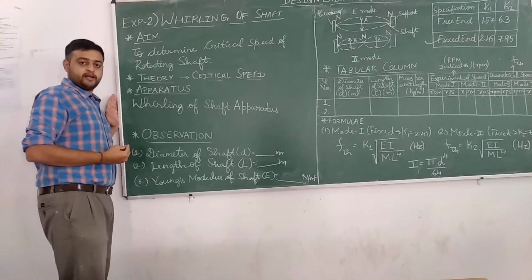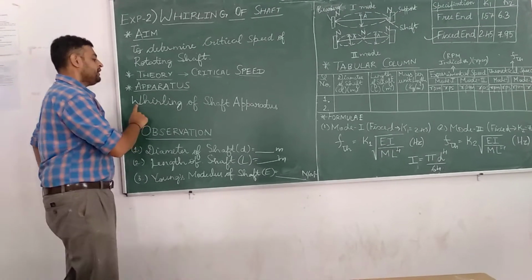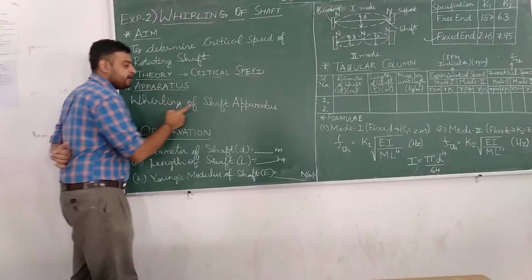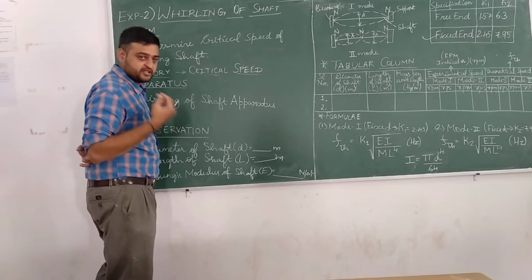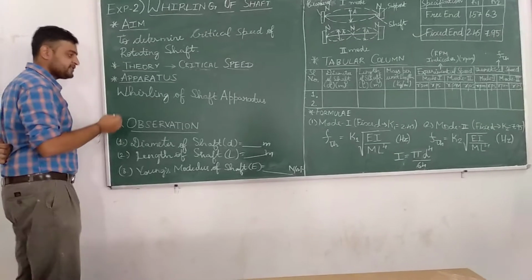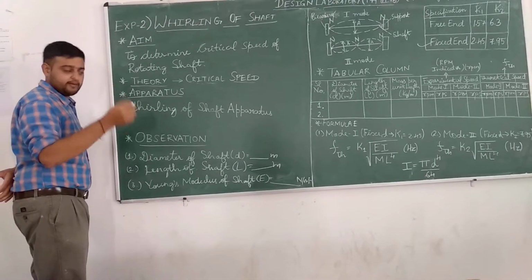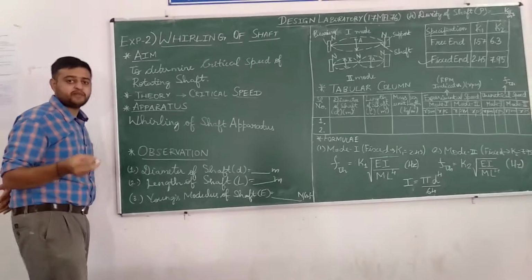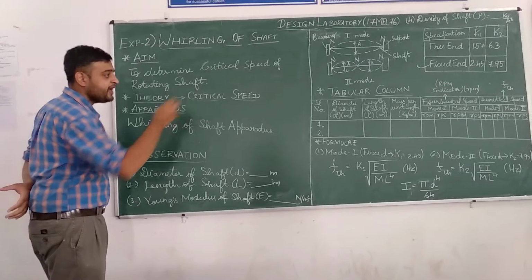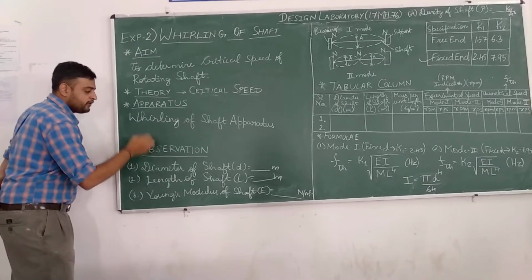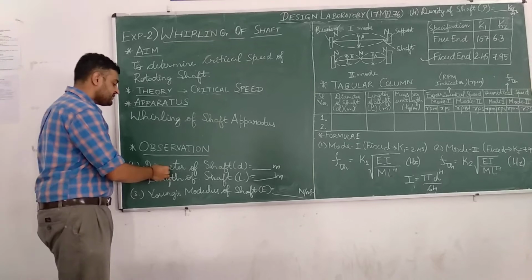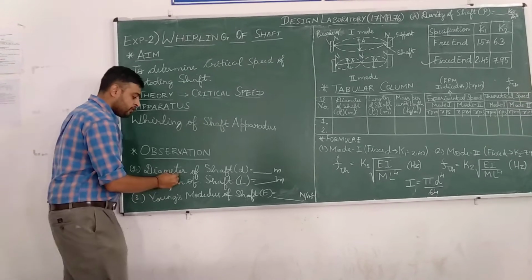To find the critical speed of the shaft, we need the whirling of shaft apparatus or test rig, which consists of the motor, the supports, and a tachometer, which indicates the RPM.